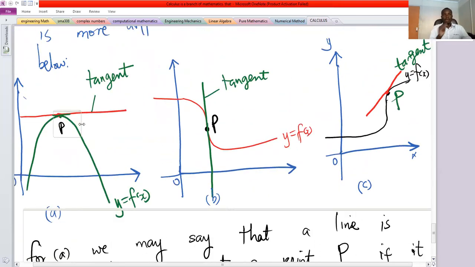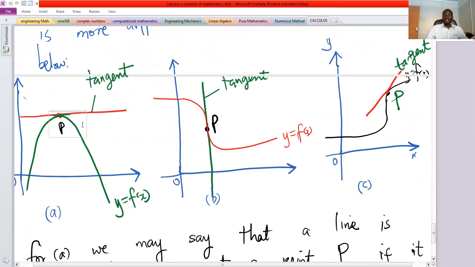A line that touches a curve at a point P, but does not cross the curve.